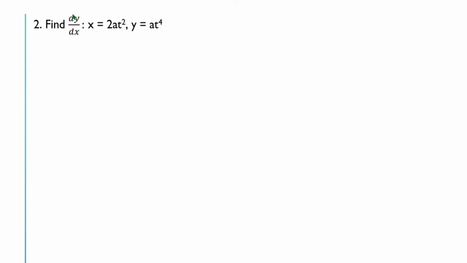Next one, find dy by dx when x is equal to 2at square and y is equal to at raised to 4. So we have dx by dt is equal to 4at and dy by dt is equal to 4at cube.